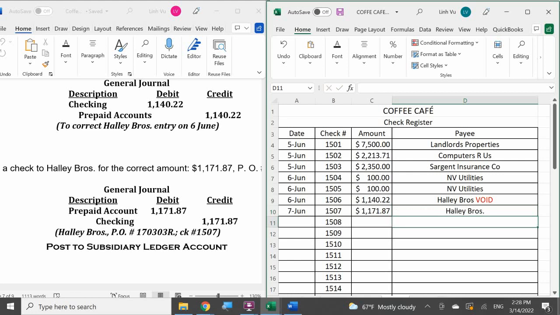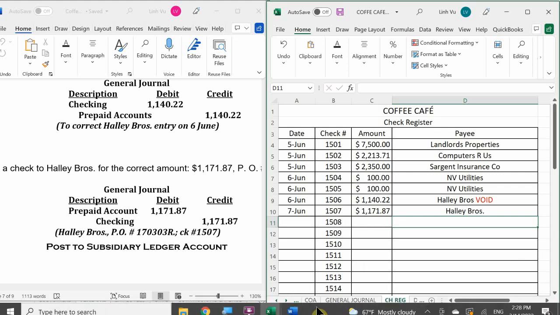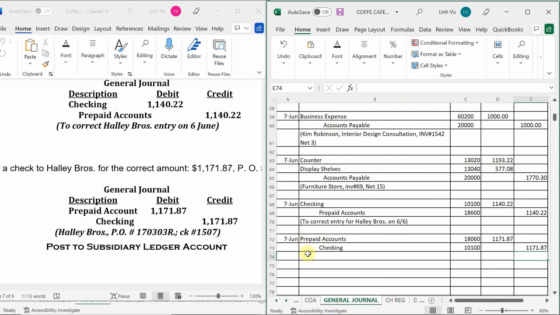All right, so now that I cut the new check for the $11.71.87, check number 1507, I can now go ahead and finish up my journal to post the correct amount. So in this case, it is to Hallie Bros. This time, this is for the purchase order 17303R because it's been revised. And of course, I wrote check number 1507.